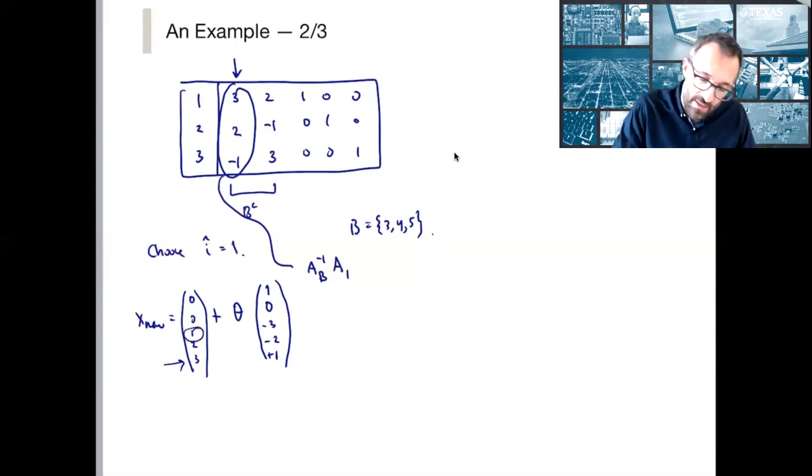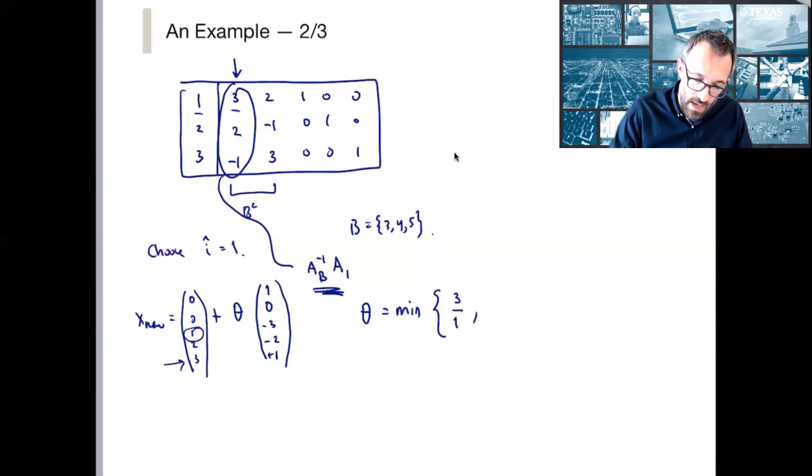So how big is theta? Theta is the min over all positive values here of x over d, because that's how big theta can be.